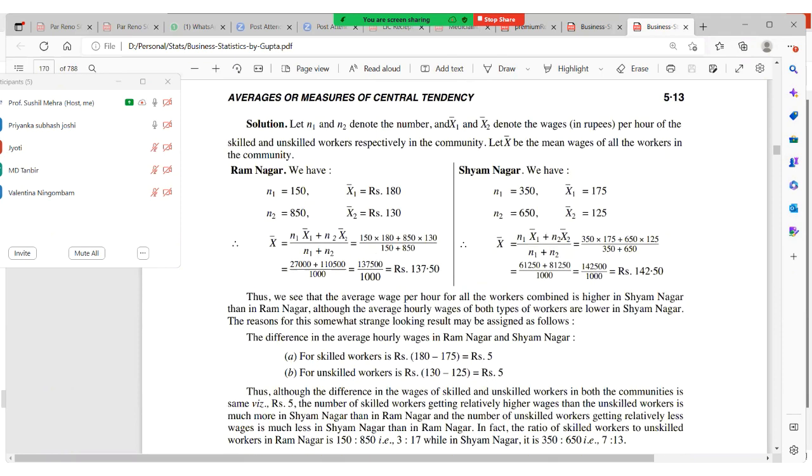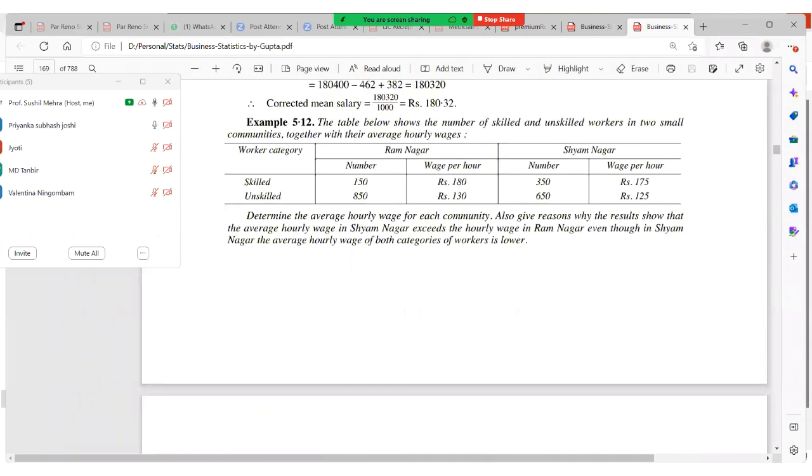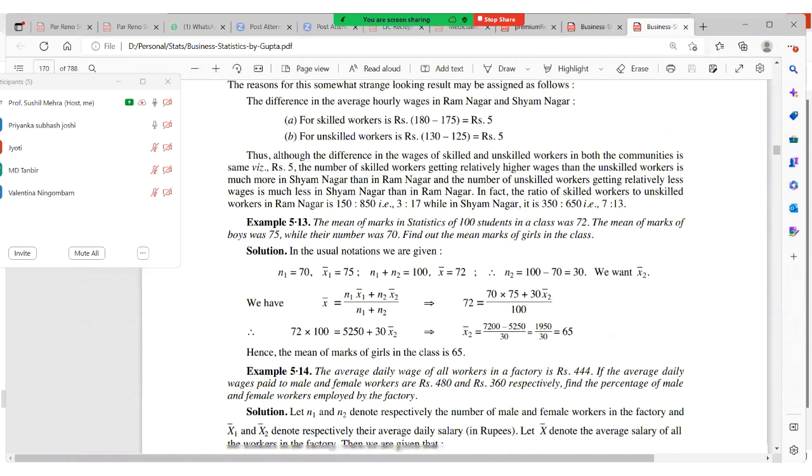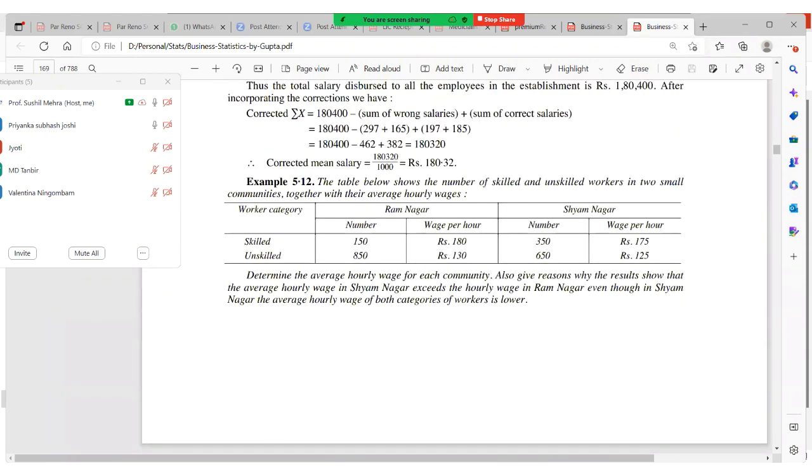See, this is an example of combined mean. The example is given: the table shown below gives the number of skilled and unskilled workers in two small communities together with their average hourly wages.